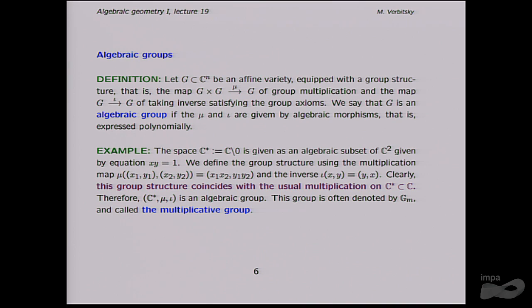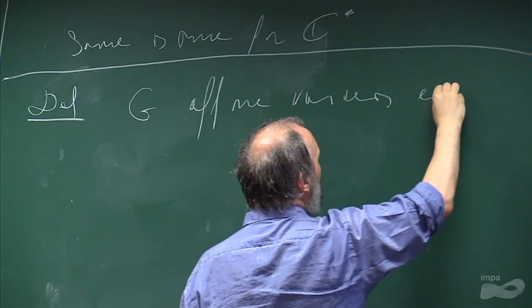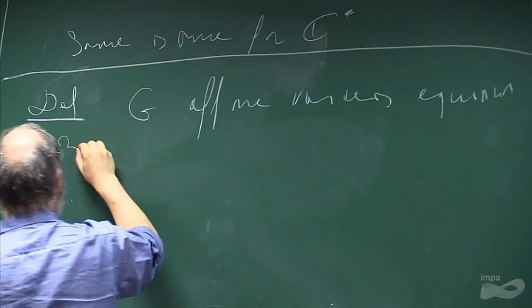Okay, so definition: algebraic group. Let G be an affine variety equipped with group structure.